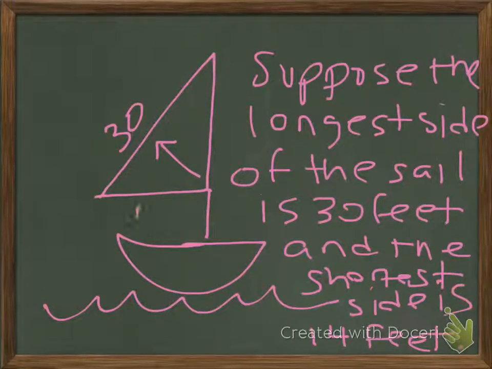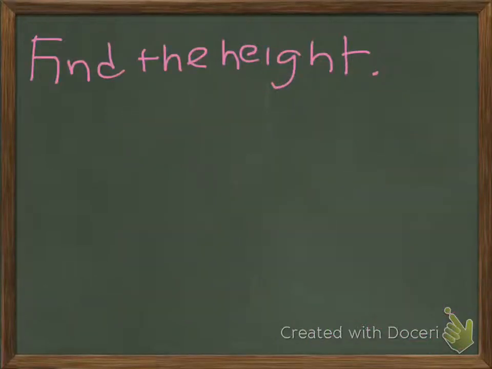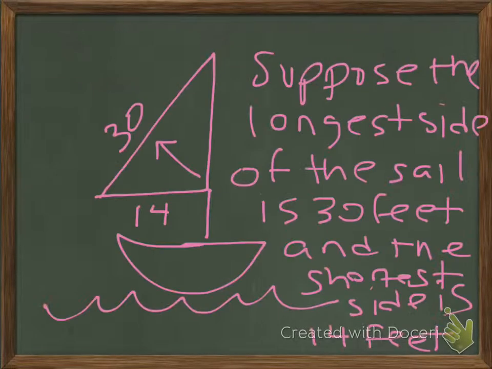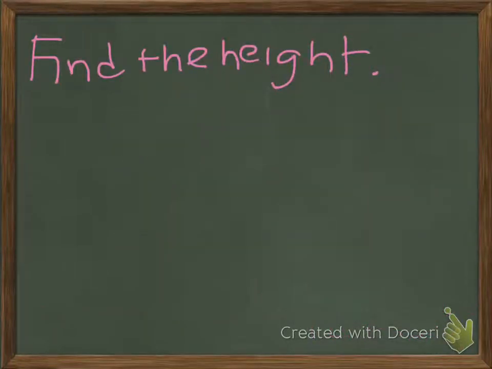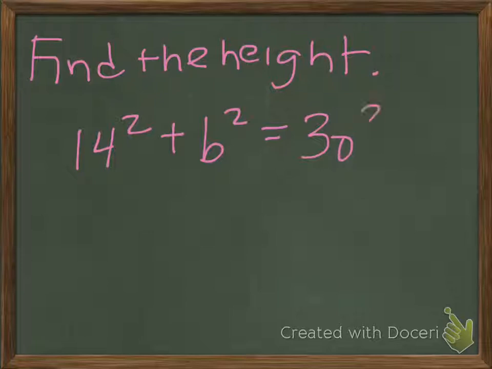Again, it doesn't really matter which one you put as 14, but if you're doing longest and shortest, usually the shortest is A. So we're going to do 14 as A, and then we're going to find the height, which we'll consider as B in this case. So 14 squared plus B squared equals 30 squared, and we're going to solve for B.